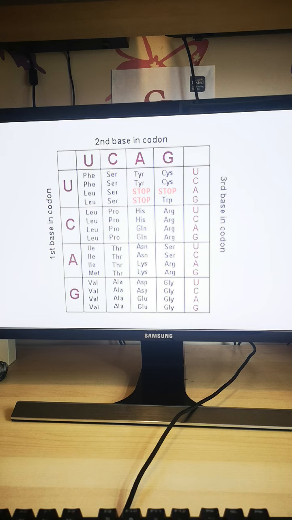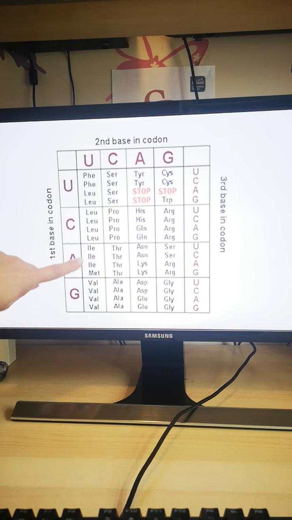So let's imagine the first codon on this mRNA was AUG. This one's a bit of an unusual one. If it was AUG on the mRNA, we'd go A, U, and then we're reading in this box here.